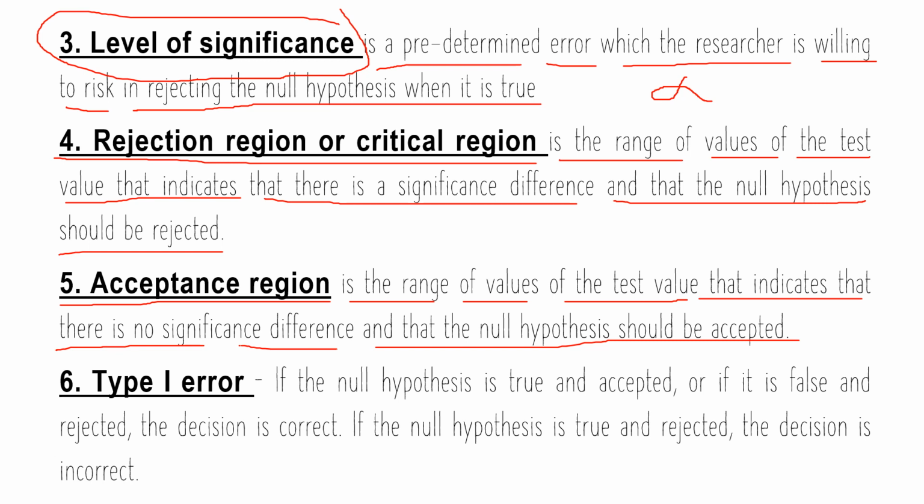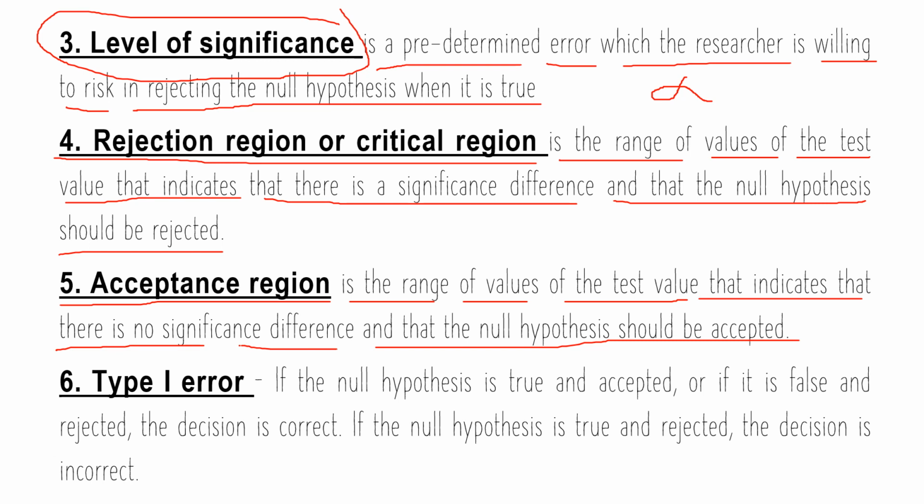If your computed value, for example your z or your t, falls on this region, then you're going to accept your null hypothesis. And we're going to accept the statement that there is no significant difference between your parameter and your specific value. So that will be your acceptance region.